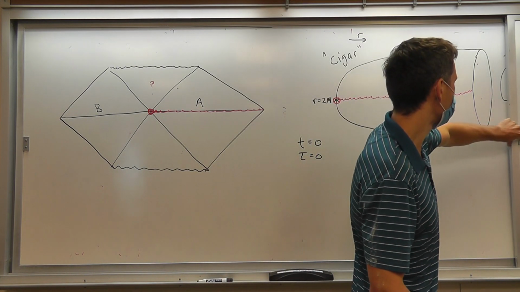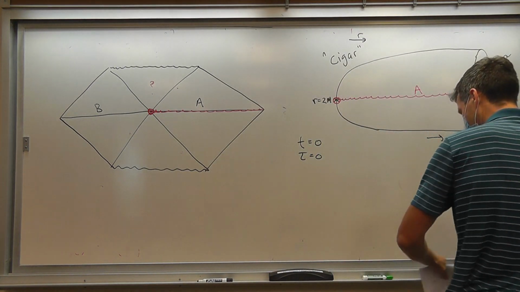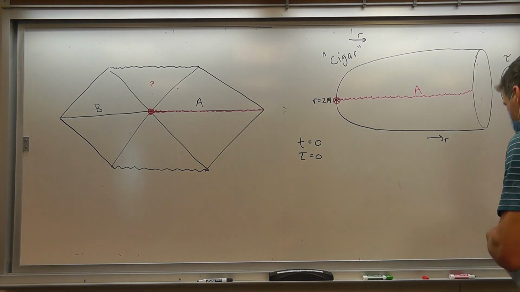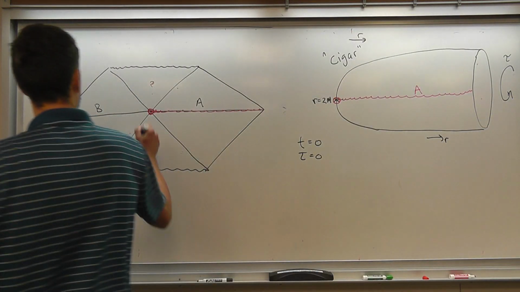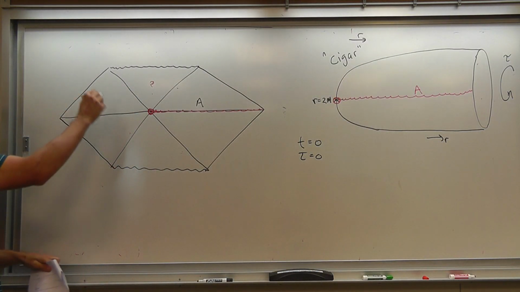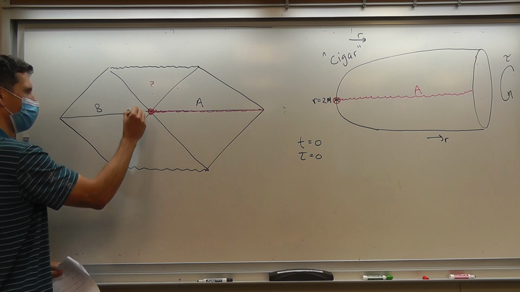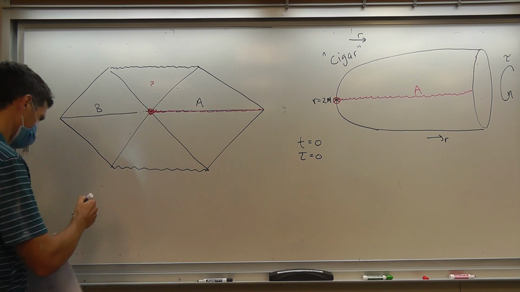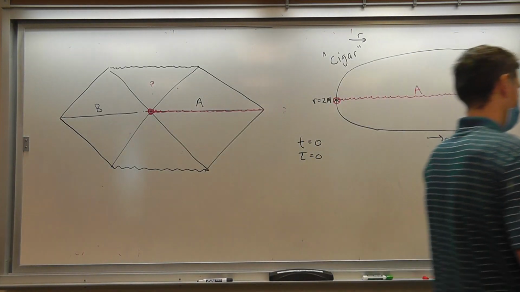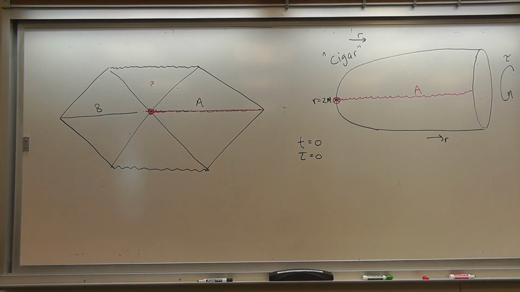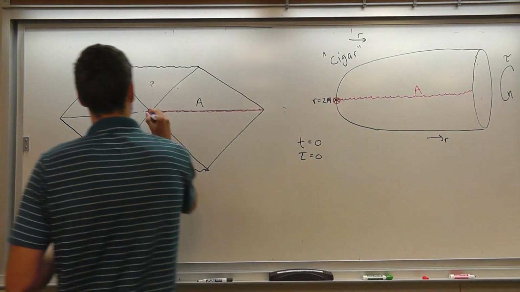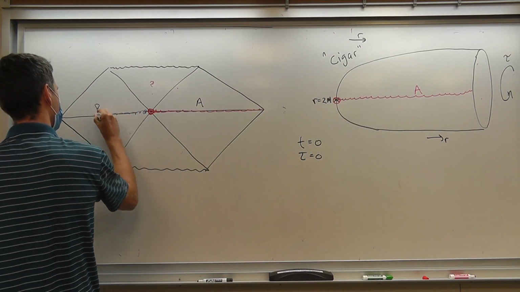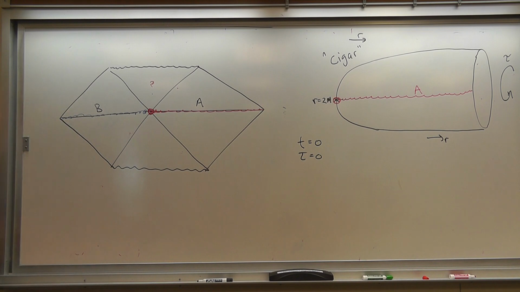Okay, so there's another piece of this picture that we need to fill in, which is where this part fits in. So there's region B. Region B on the left is also on the Euclidean manifold.